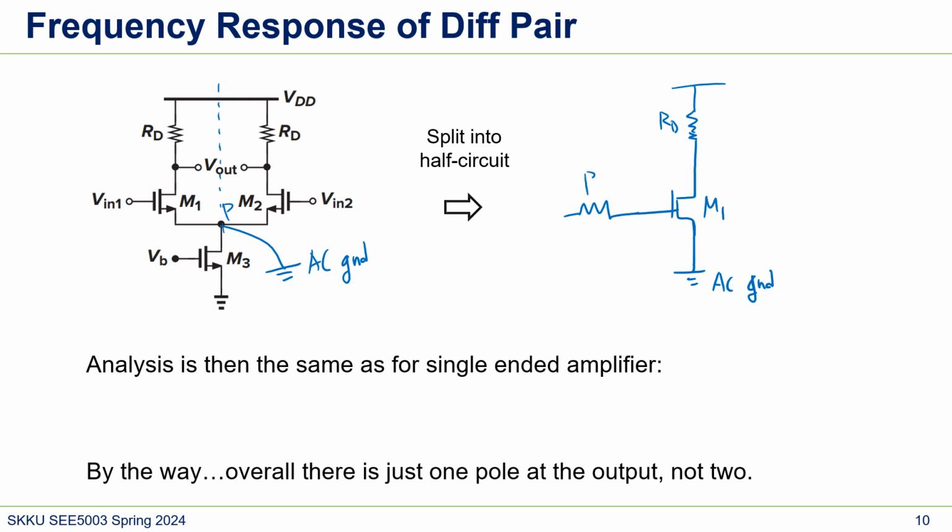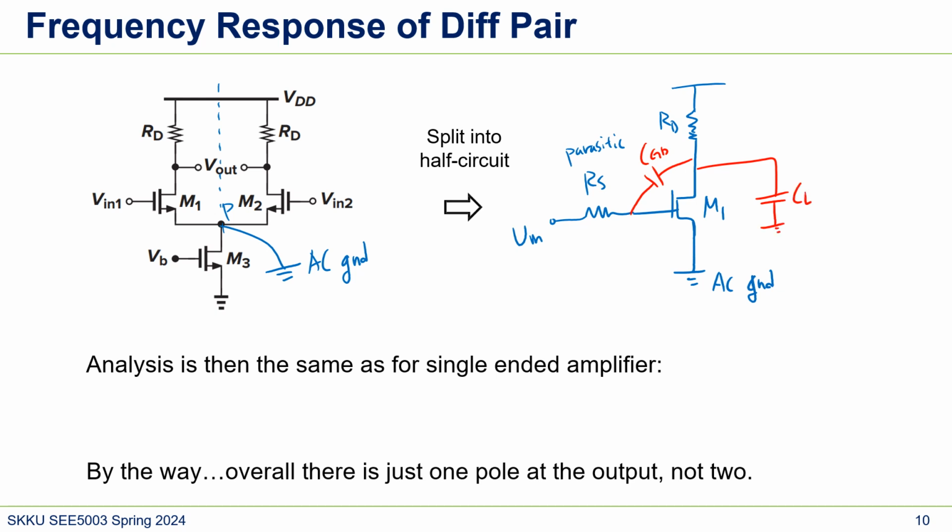And let's just assume that there is RS, input resistance, because that's what we learned. I mean, this is parasitic resistance, right? We do have parasitics. It doesn't mean that we are putting a resistor intentionally. So this is parasitic, and Vin. And we have this CGD, and let's say CL, C load.